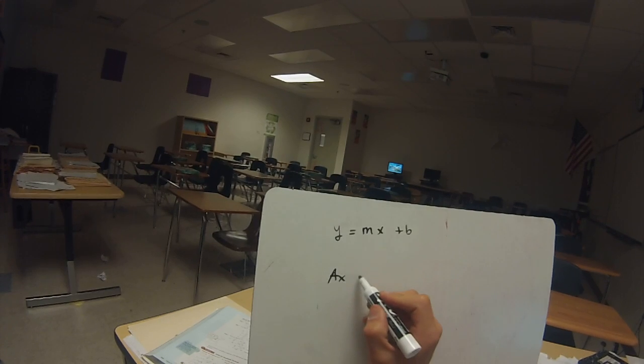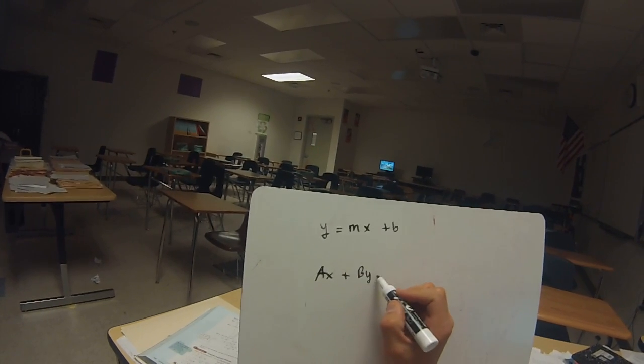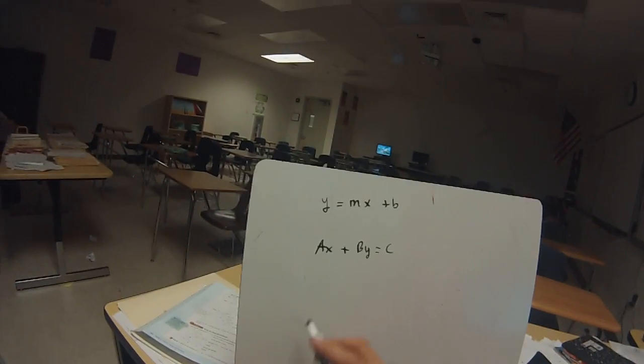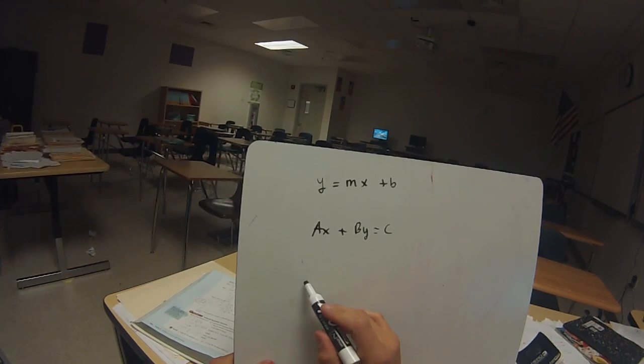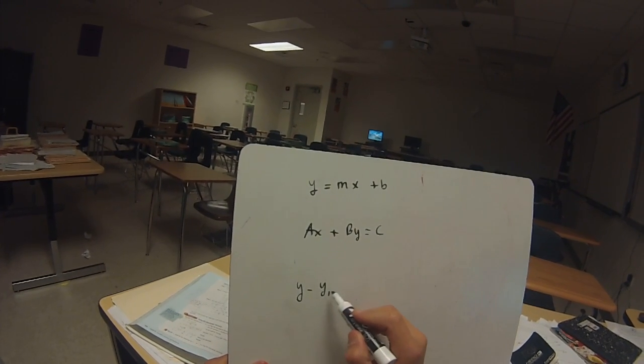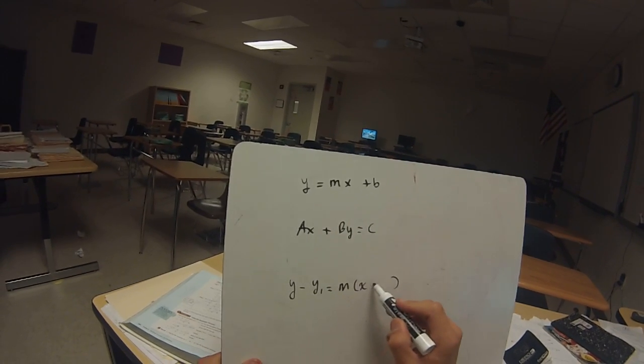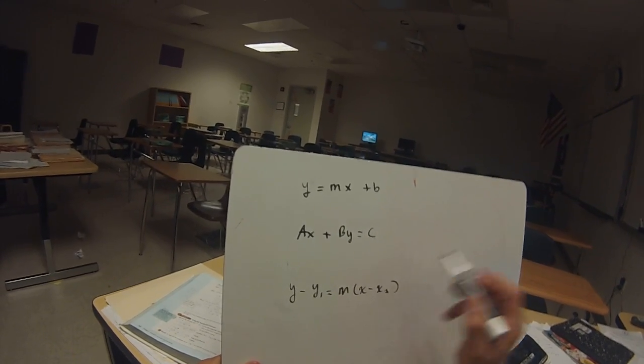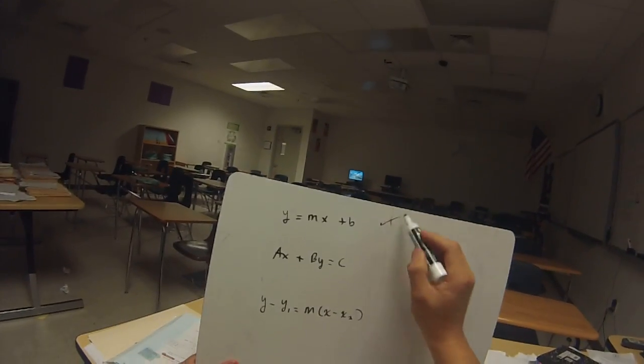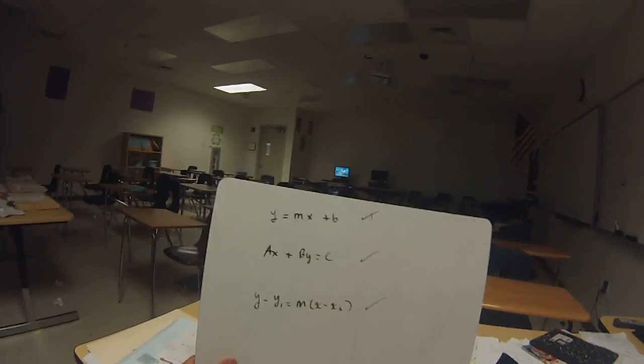Standard form would be big Ax plus big By equals C. And point-slope form is y minus y subscript 1 equals m times x minus x subscript 1. So we have three different forms, like this, like that, or like that.